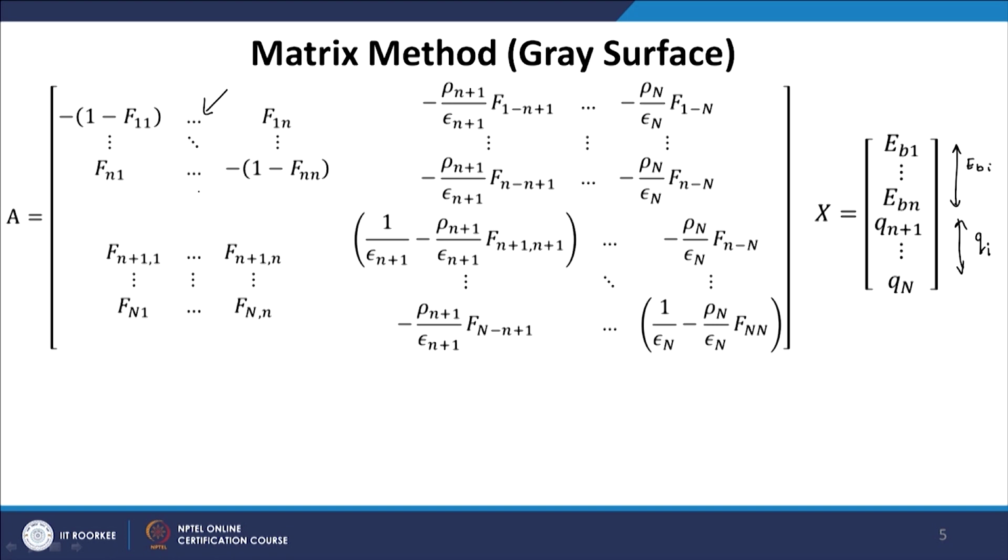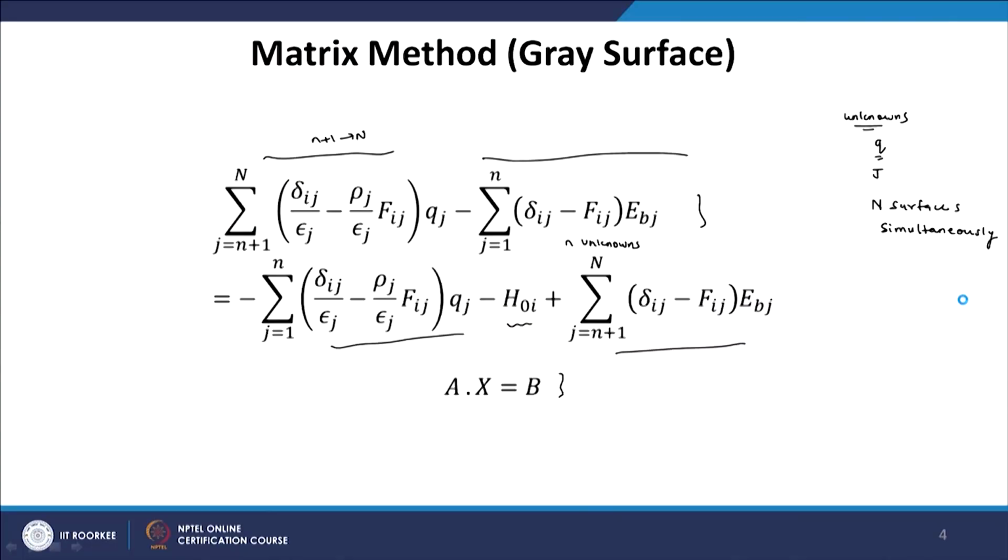We have diagonal terms 1 minus F i i and off diagonal terms as F i j, while the right hand part of the matrix contains terms which relate to the heat flux. Okay. So, it has the emittance and reflectance appearing in the terms because it relates to the heat flux. Just looking at the equation, it will be clear that reflectance appears in the heat flux term and it does not appear in the MSC power term. So, this is the structure of the matrix.